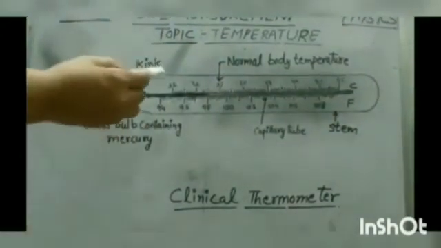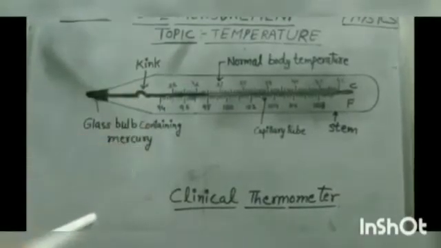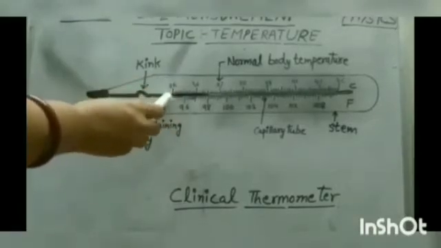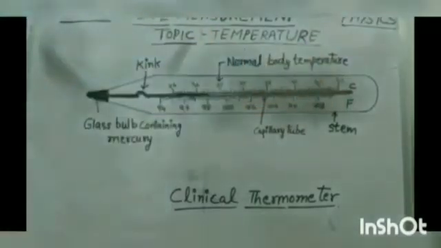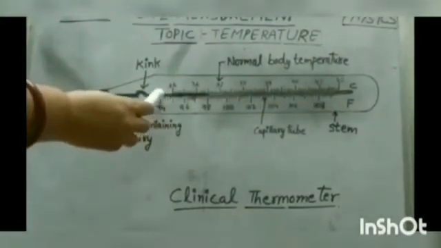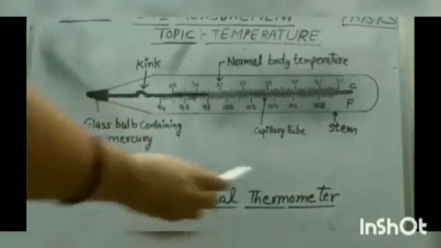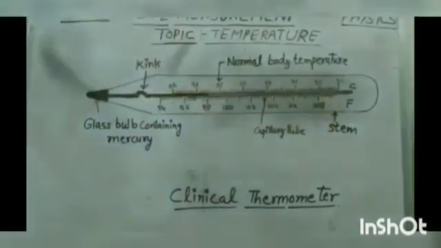A clinical thermometer indicates temperature from a minimum of 35 degree Celsius to a maximum of 42 degree Celsius, or 94 degree Fahrenheit to a maximum of 108 degree Fahrenheit.